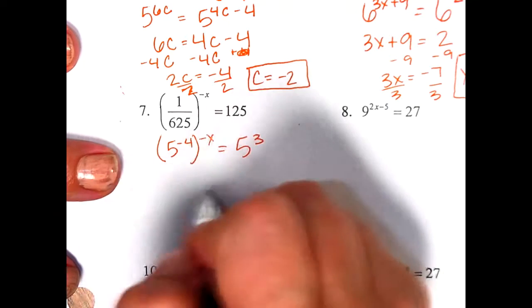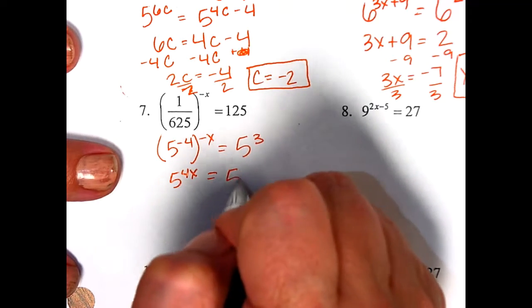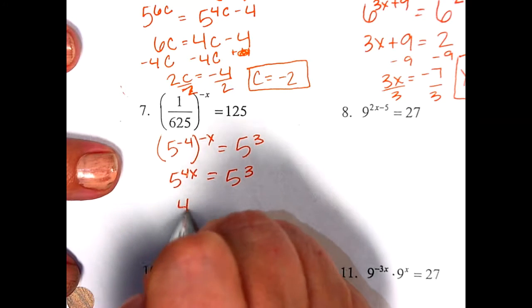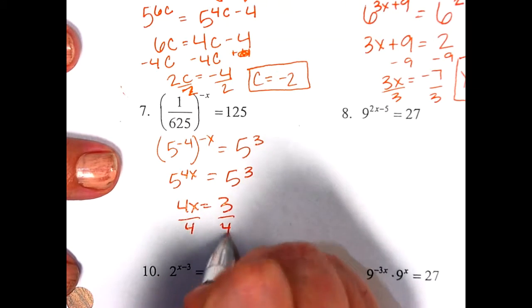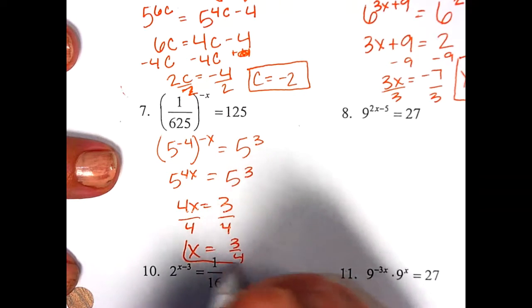Negative 4 times negative x gives you 5 to the 4x equals 5 cubed. Okay, so I can drop the bases, so 4x equals 3. I'm going to divide by 4, so x equals 3/4.